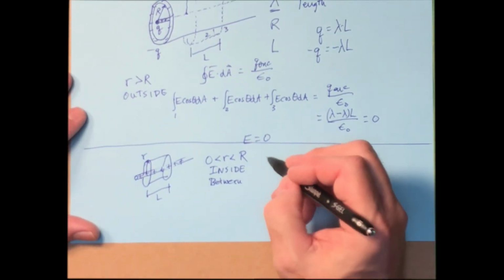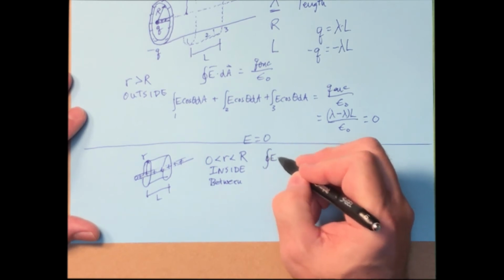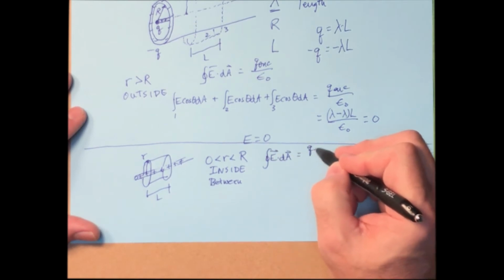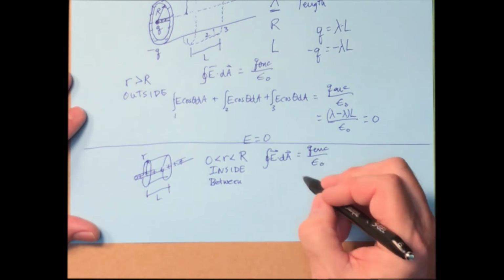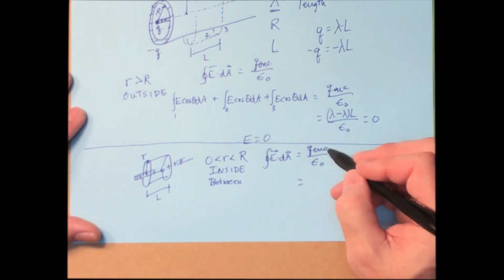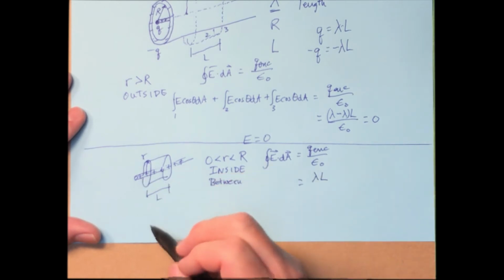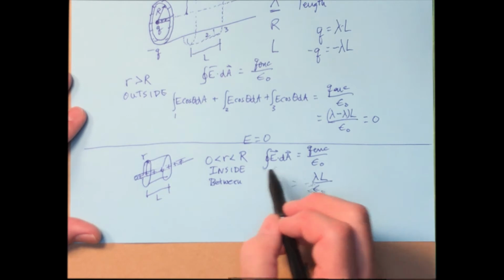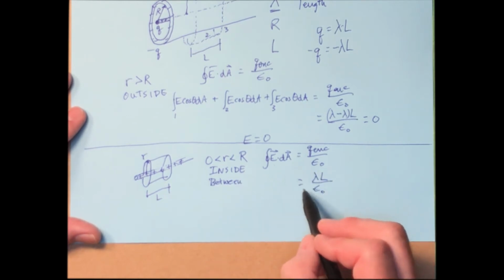All right, well, using Gauss's law then, the same procedure we've done, the closed integral of E dot dA has to be the amount of charge enclosed divided by epsilon naught. Let's go ahead and do the right-hand portion. The amount of charge enclosed in this case is just lambda times L, and it's all positive, divided by epsilon naught.